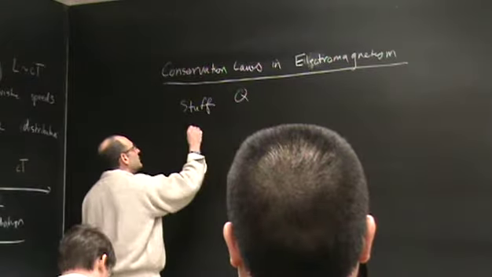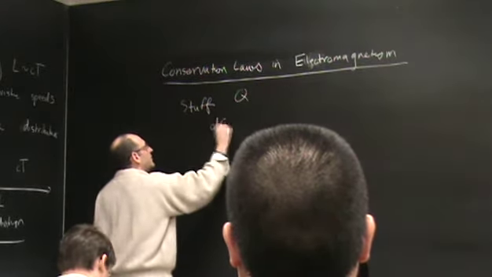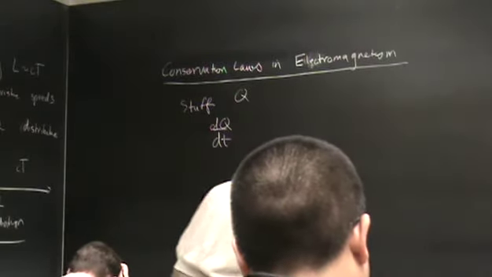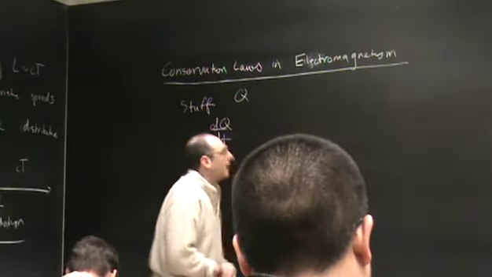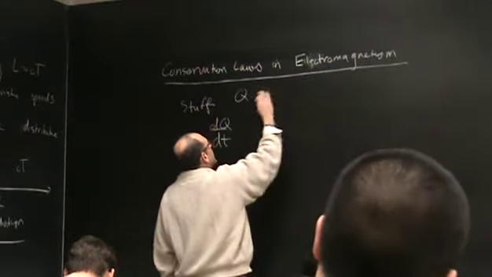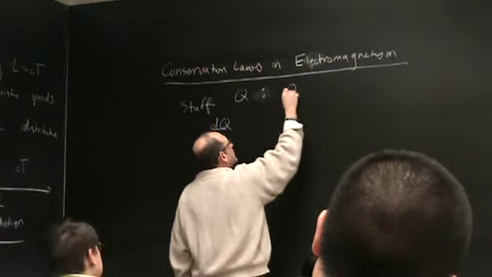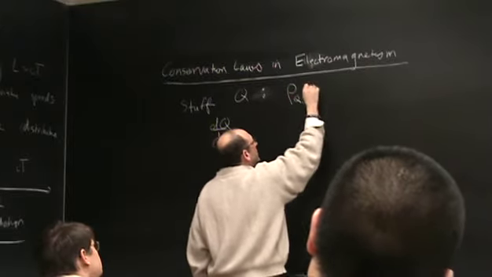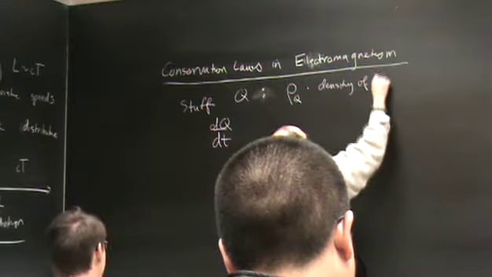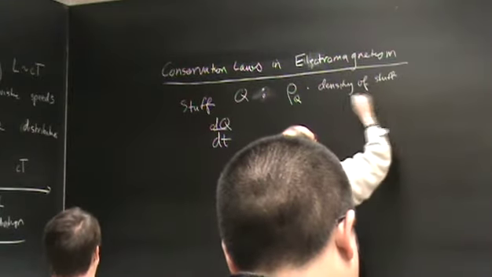We want to know what is the rate of change of the total amount of stuff. Well, we can think about this stuff, we can define a few quantities. First thing I'll define is rho sub q, the density of stuff. That is the amount of stuff per unit volume.